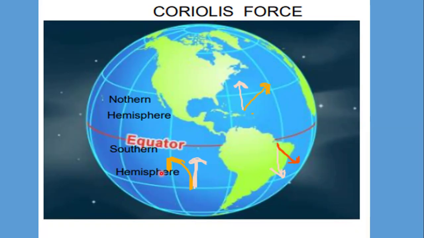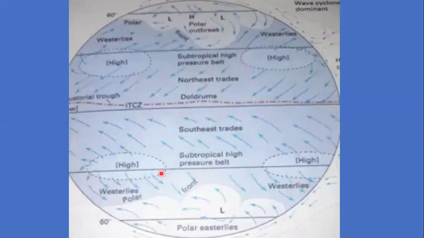Another factor is the direction of prevailing winds. Winds blowing over the water surface make the water move in the direction they flow.